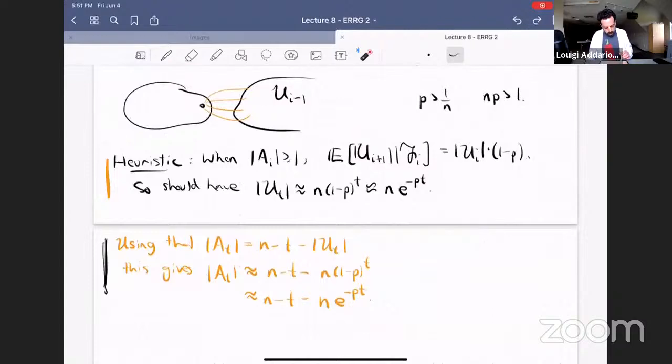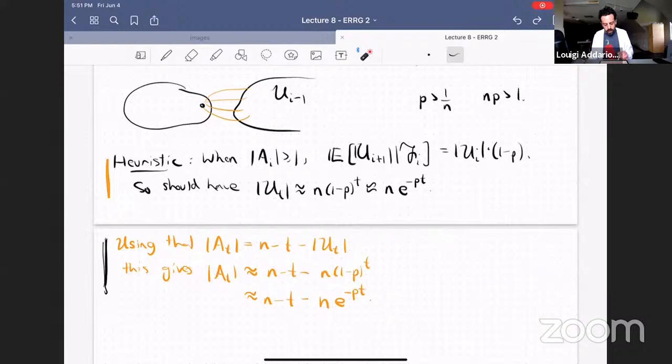So let's think about this function for a second. When p is bigger than 1 over n, at the start, this n minus t term has slope 1. It changes by 1 when you change t by 1. And this term has slope bigger than 1. So for t small at least, this heuristic suggests that the size of the active set will increase over time.